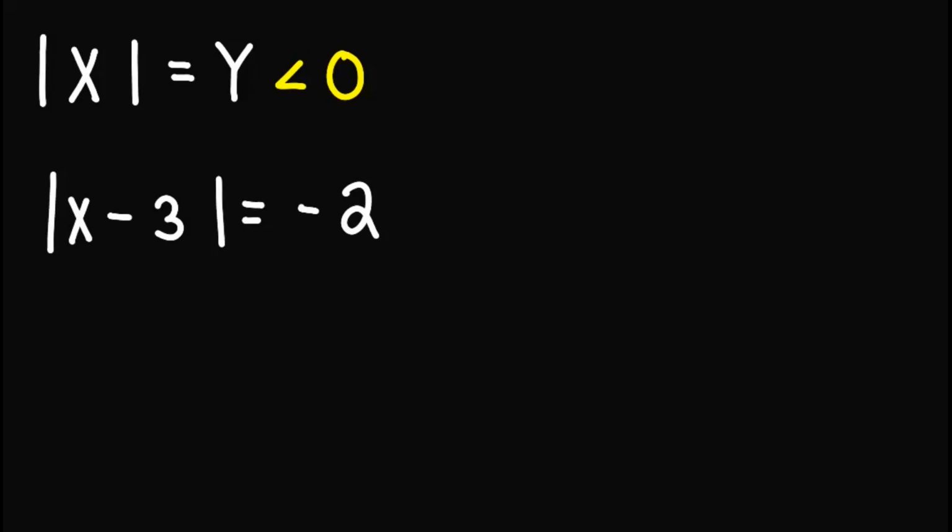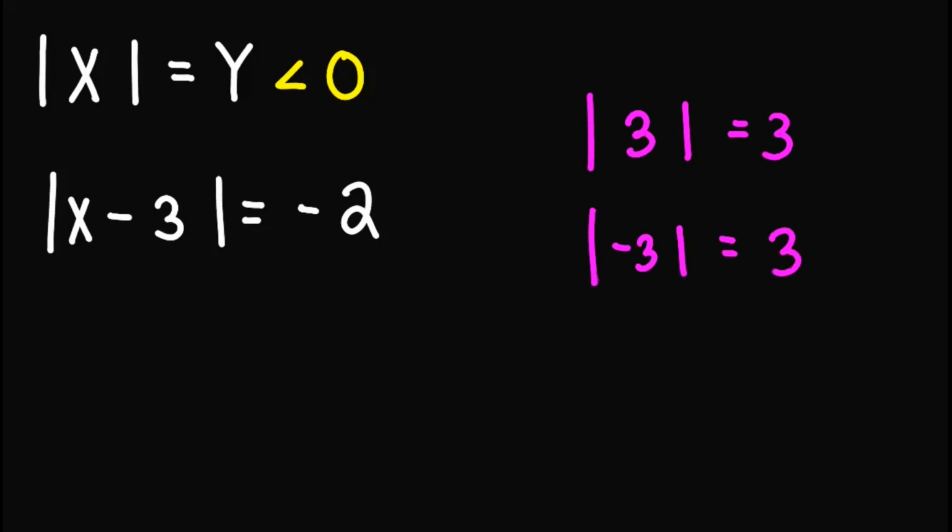Recall that a while ago, we said that if we have the absolute value of 3, the outcome is 3. The absolute value of -3, the outcome is still 3. So the right side of the equation must always be positive.